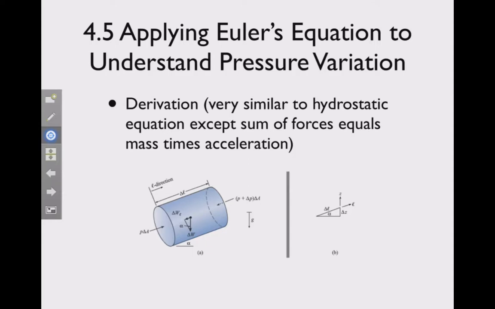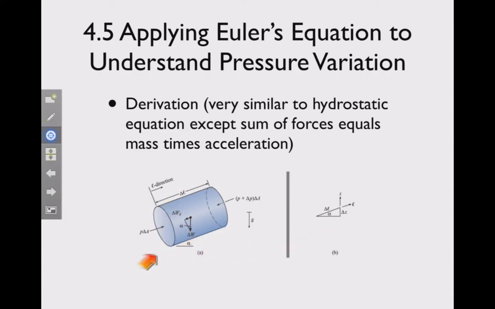If you look back in the previous chapter when we derived the hydrostatic equation, we set the forces all equal to zero because the fluid was static. But in this case, we're allowing it to move. So this is a similar type of situation to what we did before. It uses similar nomenclature and so forth.